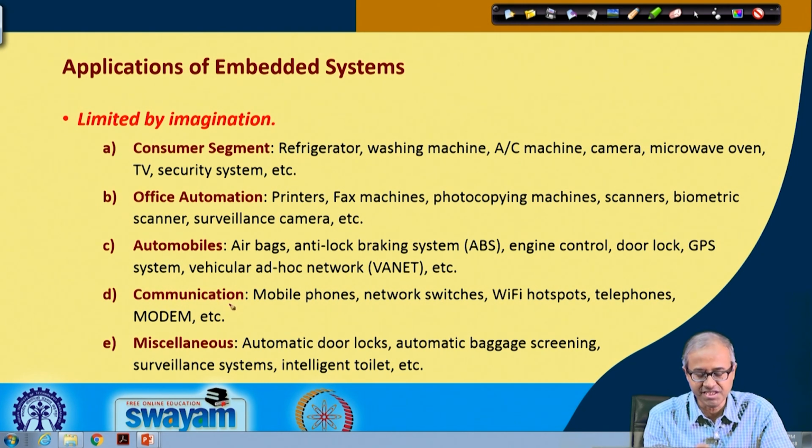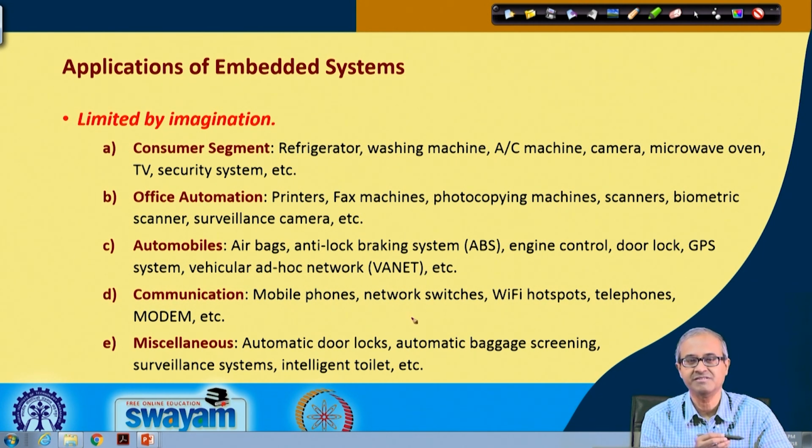Talk of communication, the mobile phone is the biggest example. Think of the network switches that we use for communication, routers, switches, then the Wi-Fi hotspots, telephones. There are processors inside each of them today. Then you can have automatic door locking systems, we see them in many places.